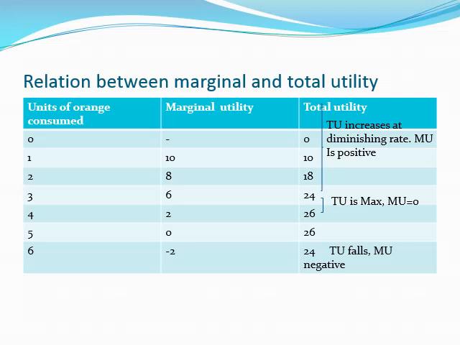Marginal utility: when total utility increases at a diminishing rate, that means marginal utility is positive. When total utility reaches the maximum, that means marginal utility equals 0.